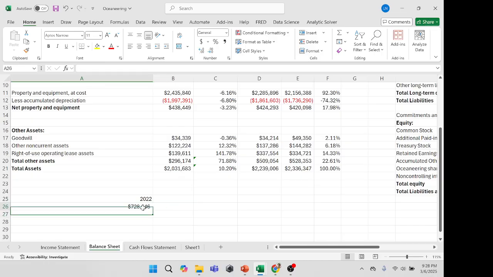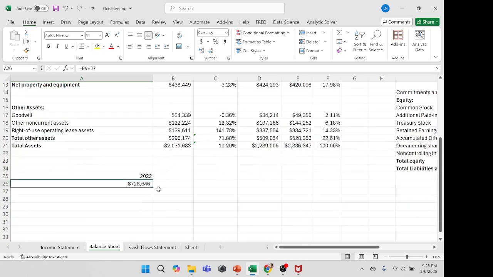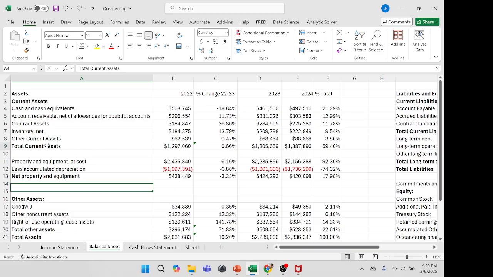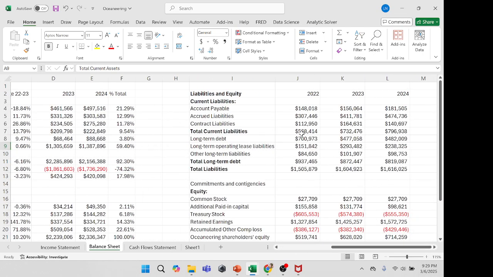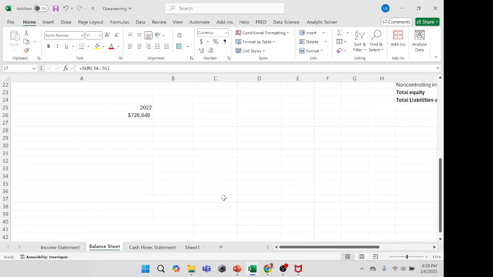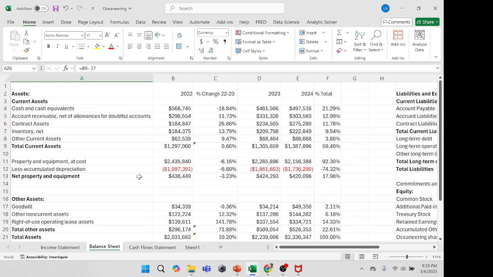So theoretically, you need this amount to operate. I'll touch on it in more detail, but for now, just know that that is the simplest way to find working capital, and it just means that if total current asset is much bigger than total current liability, it's a good sign because now you are covered.